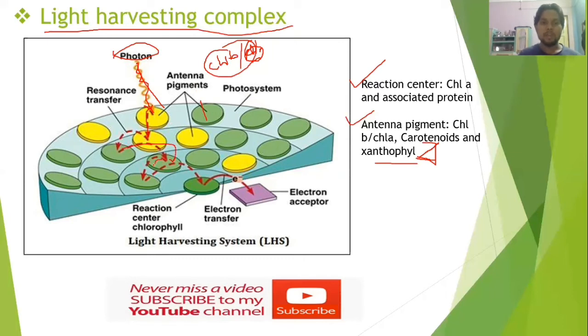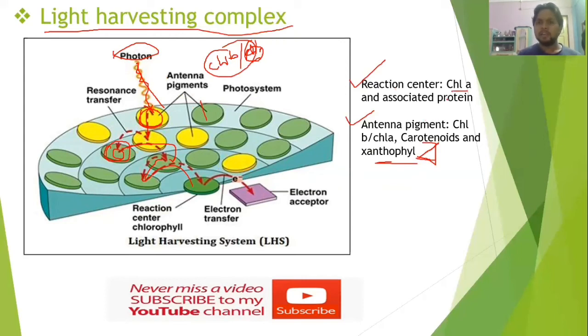This yellow color is the carotenoids and xanthophyll, and these are our chlorophyll B or chlorophyll A. So this is the function of antenna pigment: they absorb and receive the light and transfer it from one pigment to another in order to carry out the photosynthetic process in the reaction center. So carotenoids, xanthophylls and chlorophyll B or chlorophyll A catch the light and transfer it.